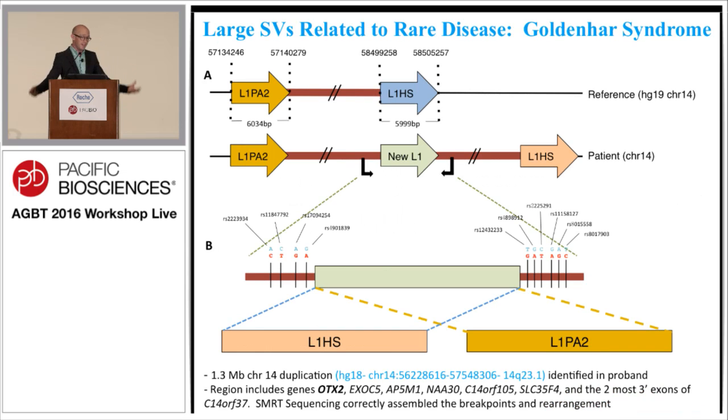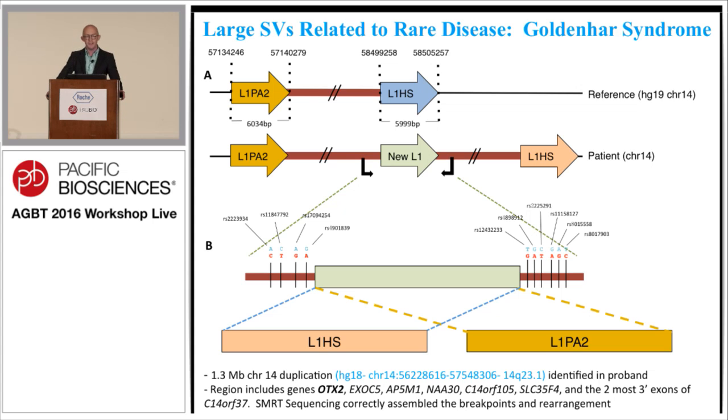And so the take-home in this particular project, which we hope to publish later this year, is shown here. It's actually a 1.3 megabase LINE element that's inserted between 2 LINE elements on chromosome 14. It's extremely functional in that regard.